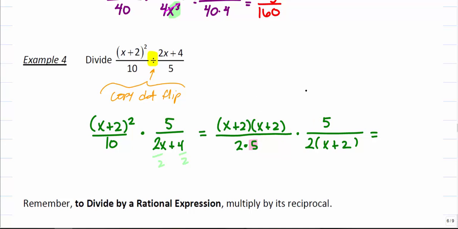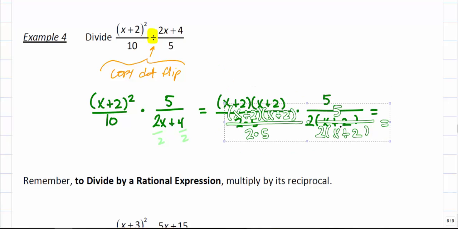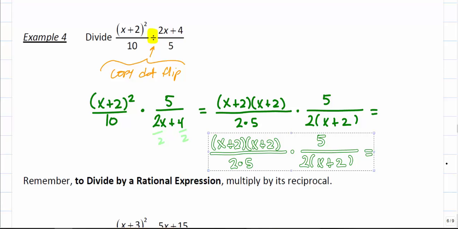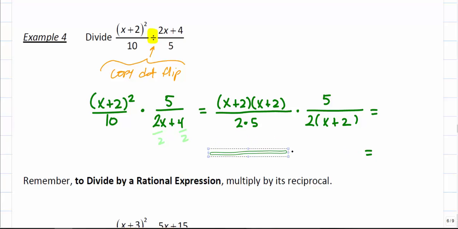And so what I would be left with after I did the process of dividing these out, so again, if you want me to prove it, whenever you multiply fractions, all you do is you multiply the tops together.